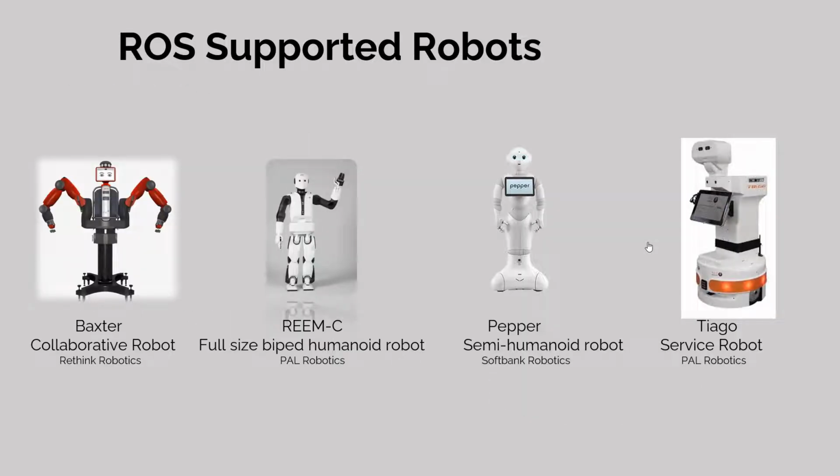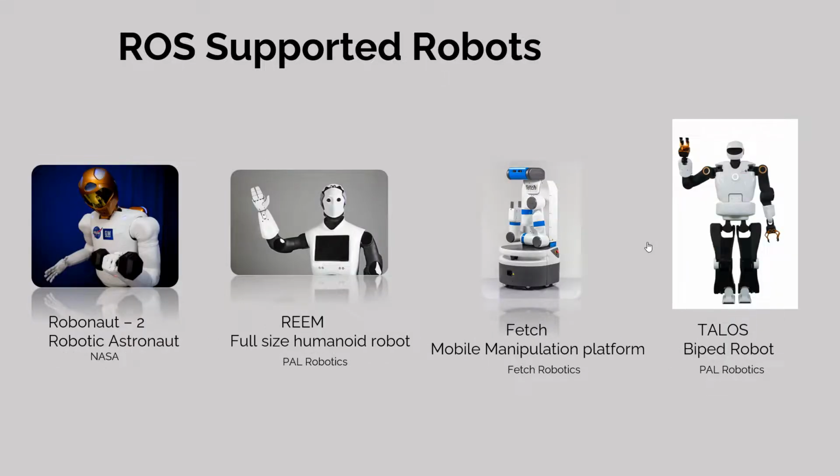Then robots like Pepper, Tiago, Reem, Baxter. Baxter is not available now. Pepper has another software, but it also supports ROS. Then Robonaut, which is from NASA. Then Fetch Robotics, TALOS. These are some of the robots.